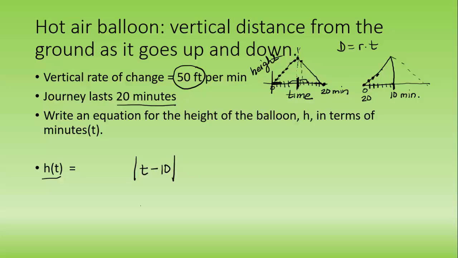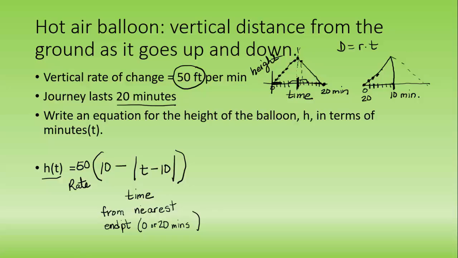So we again take half the time and subtract the distance from the middle to get the distance from the nearest endpoint. This isn't really distance though, this is time from either the beginning time or the ending time. In order to get distance that we've gone up in the air, we then take that amount of time and multiply it by the rate. So now we've got our rate times our time, which equals distance.